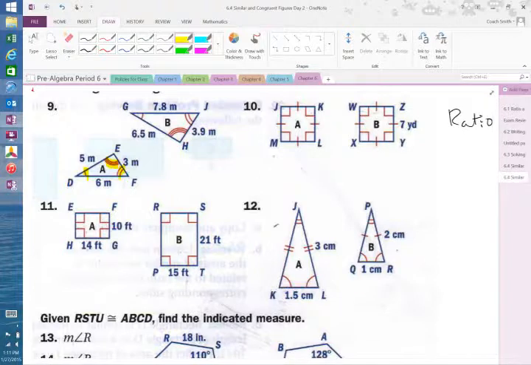The corresponding angles up here are those, so 1 mark, that one, so D and G are corresponding angles. 2 marks, J and F are corresponding angles. 3 marks, H and E are corresponding angles.